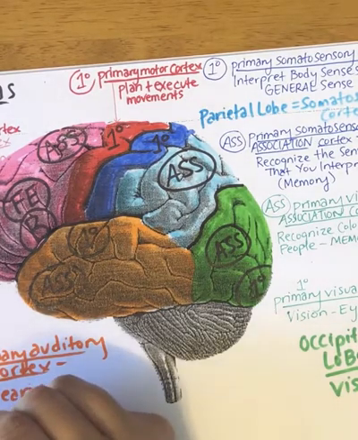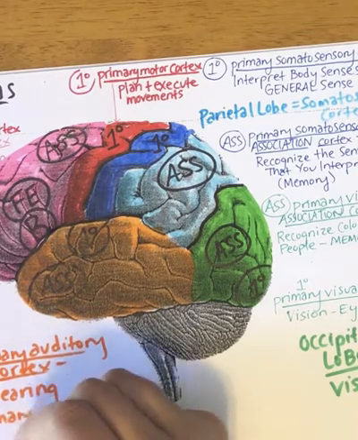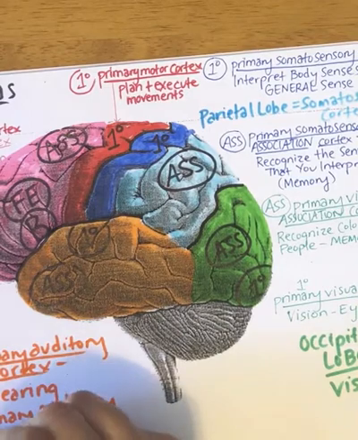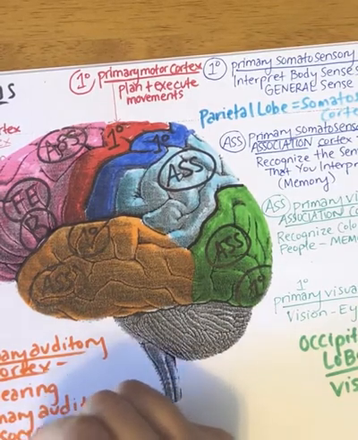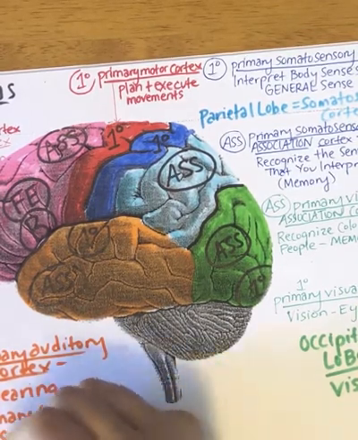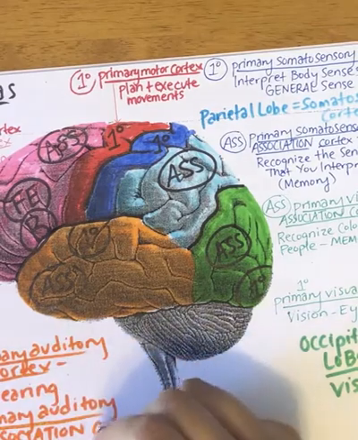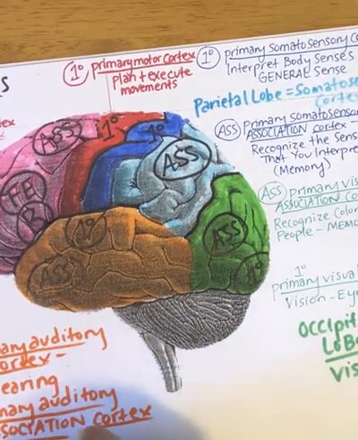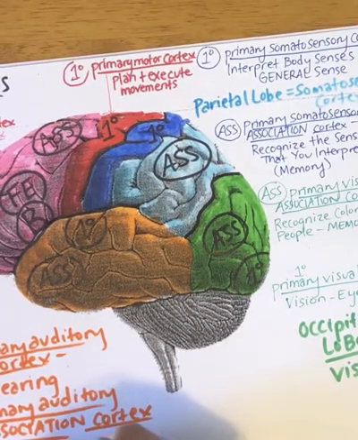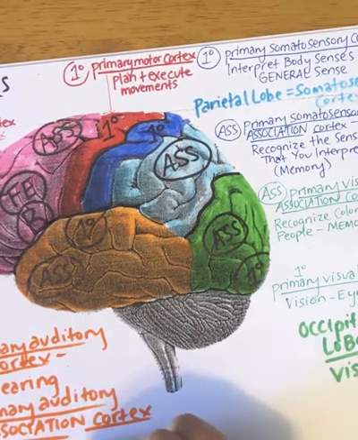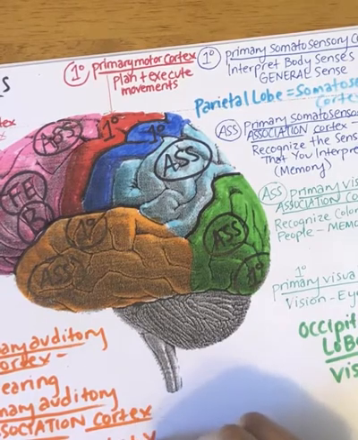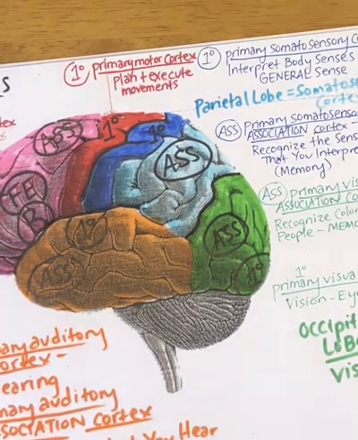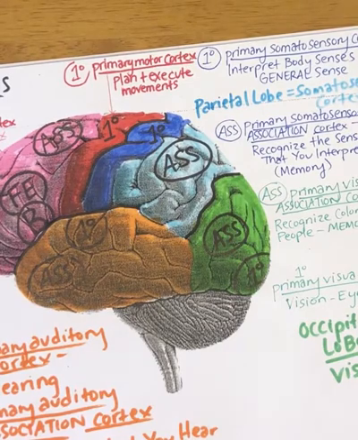So your primary auditory association cortex, anytime you say association, that's by memory. It helps you recognize what you hear. Music, language, a little bit.